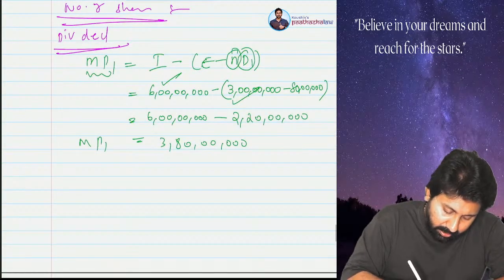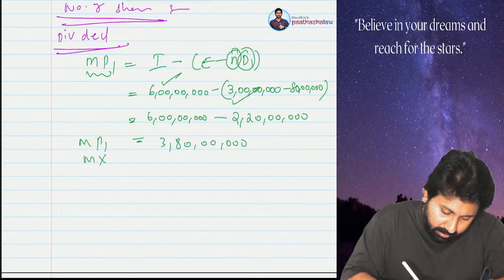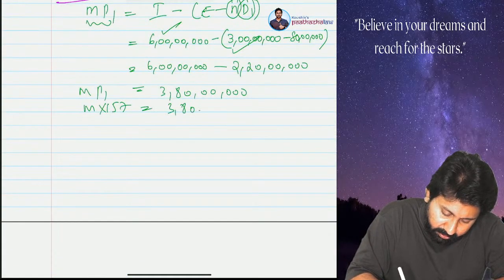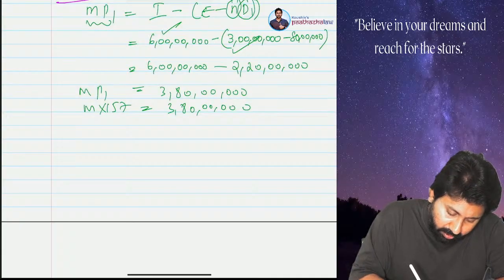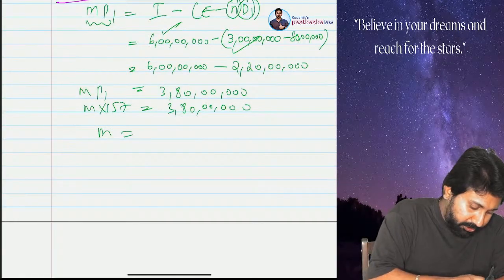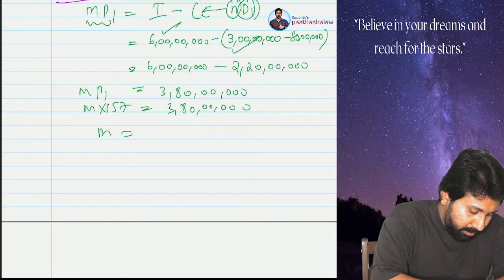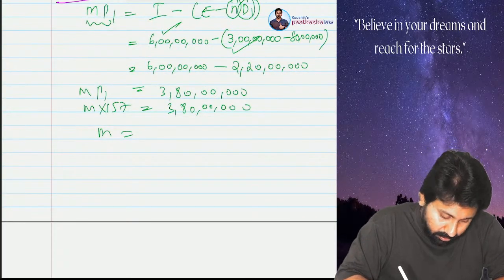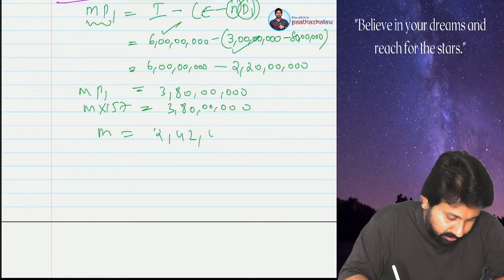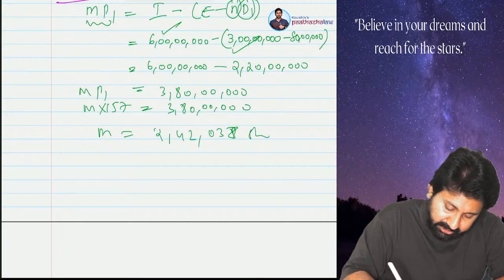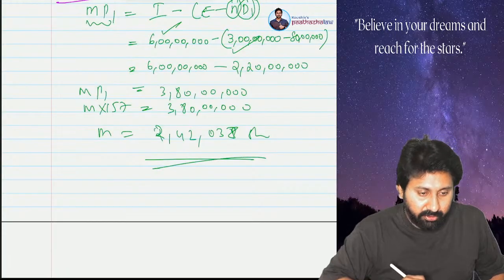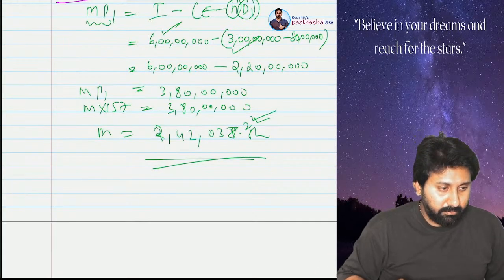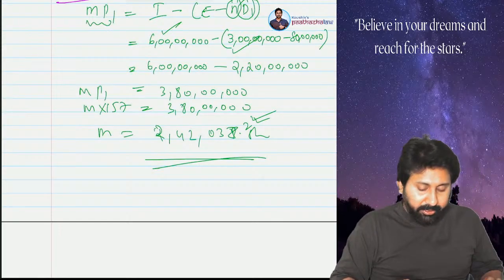MP1 equals 3 crore 80 lakh, with P1 equal to 157. So the number of shares to be issued M equals 3 crore 80 lakh divided by 157, which is 2,42,038.22 shares.